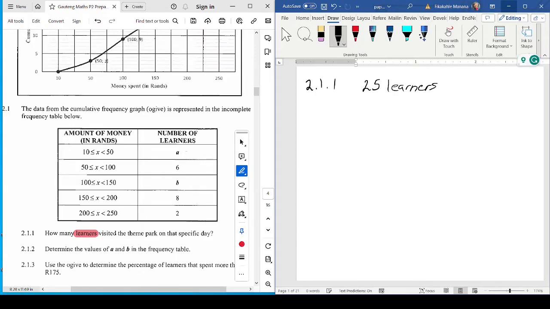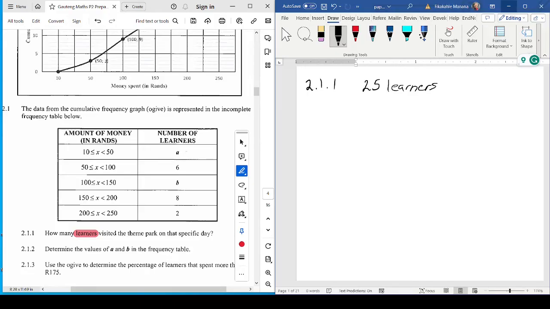All right, now let's look at the next question. It says determine the values of A and B in the frequency table. The value of A is the very first one, and as you can see, 0 is between 10 and 50, the total there.